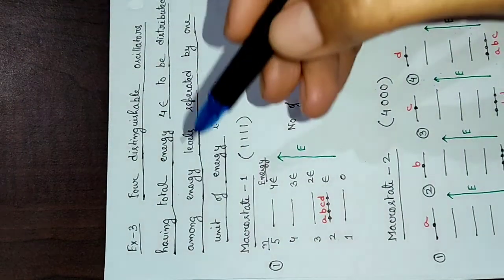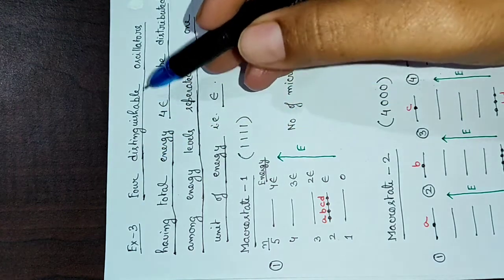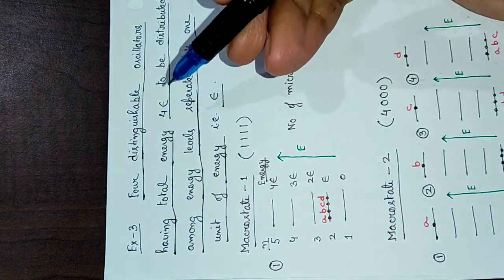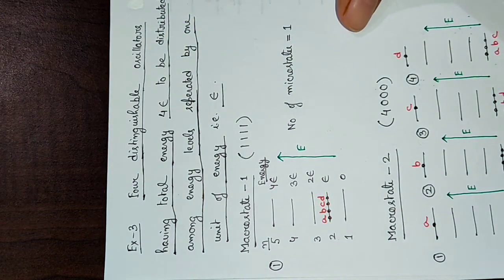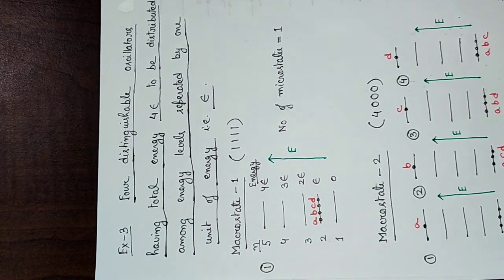We had a homework which was to distribute 4 distinguishable oscillators having total energy 4 epsilon among the energy levels which are separated by 1 unit of energy, that is epsilon.